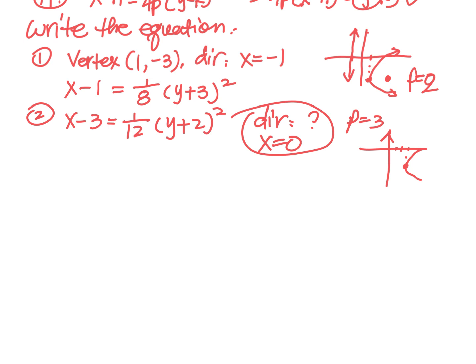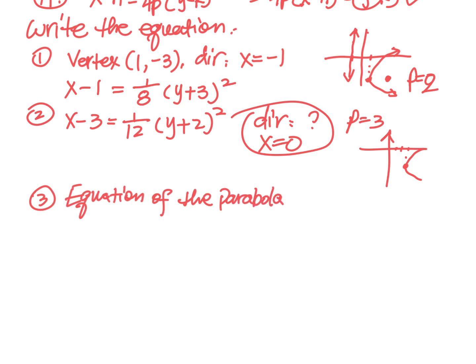Now, the next one. If I ask you to write the equation of the parabola that is given, the given is vertex 5, negative 3, and the focus is 5, negative 1.